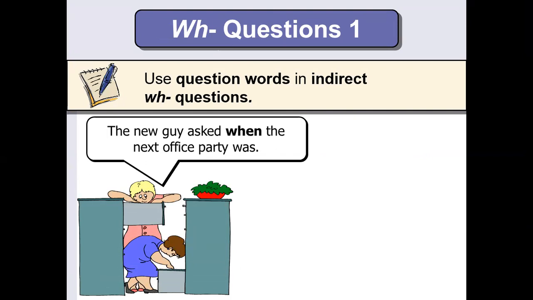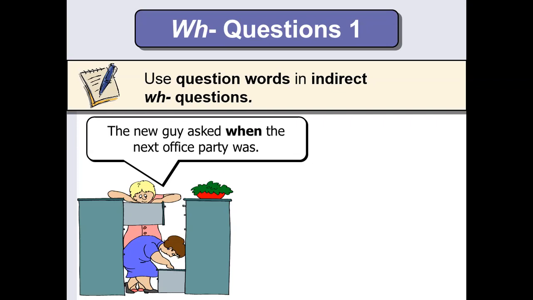So also, we have to use question words in indirect WH questions, but not exactly like we usually do with WH questions. This is a bit different, since this is like the new guy asked when the next office party was, right? But we don't need to use a question mark.